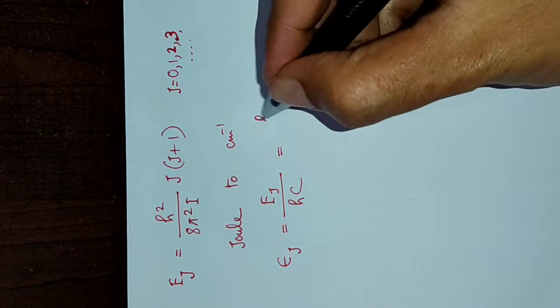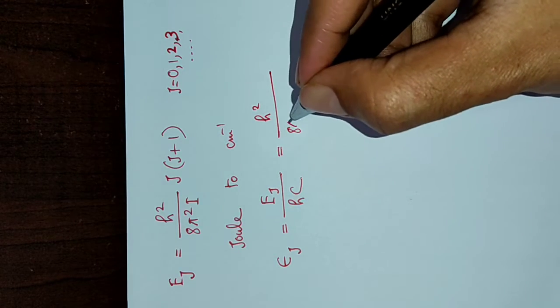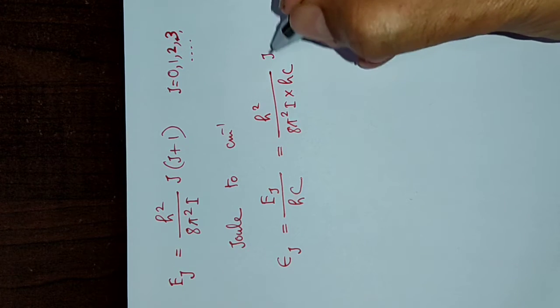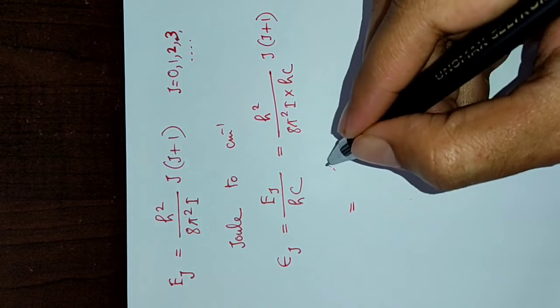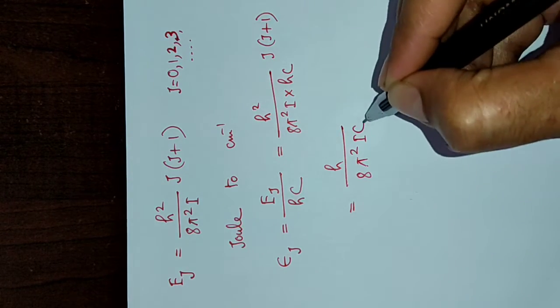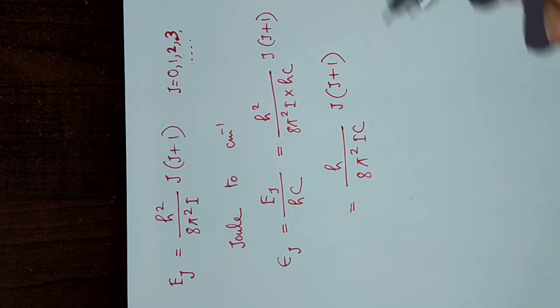Now what it will give us? h square upon 8 pi square I into hc, it will be J into J plus 1. So it will be h upon 8 pi square Ic into J into J plus 1.